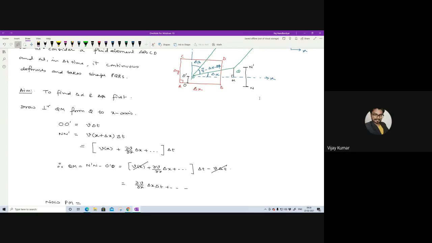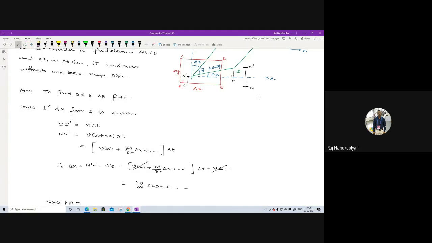Sir, delta x. Yes, delta x was the initial value of pm. Now in delta t time, you can see that there is some deformation. Okay, there is some deformation. So how much can you expect pm to be?